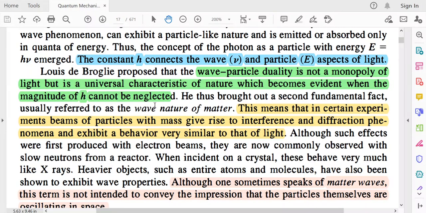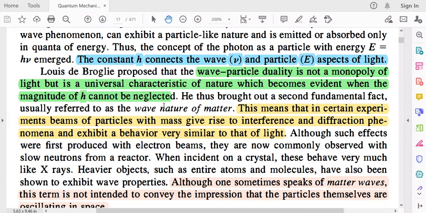It is not the fact that only light has wave-particle duality, but this is a universal characteristic of nature. And there is another important sentence here, that it becomes evident when the magnitude of h cannot be neglected. About this sentence, I will describe just after some time in this lecture.